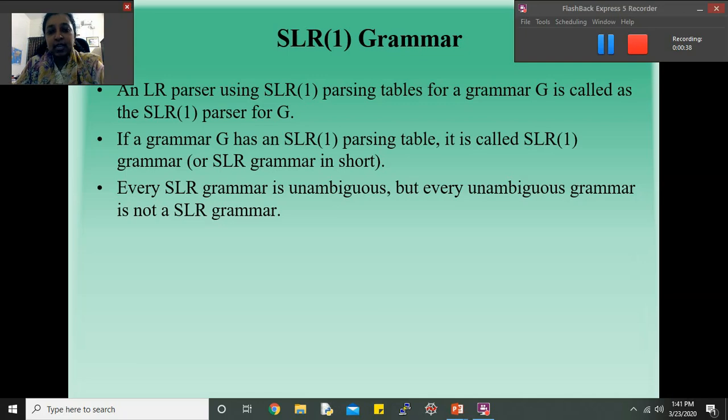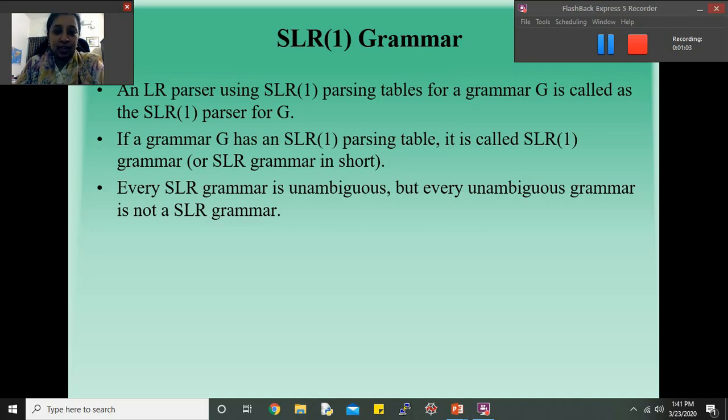The study says that the SLR parser produces parsing tables for unambiguous grammar, and it has been found that every SLR grammar is unambiguous, but every unambiguous grammar need not be an SLR grammar. What do you mean by an SLR grammar?